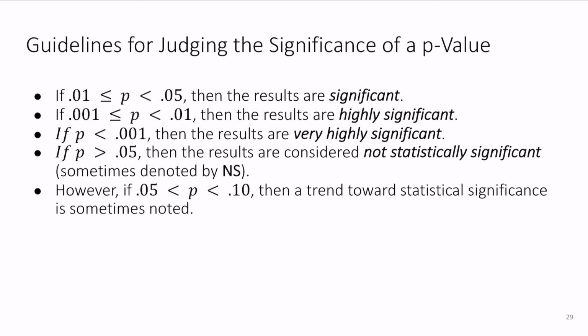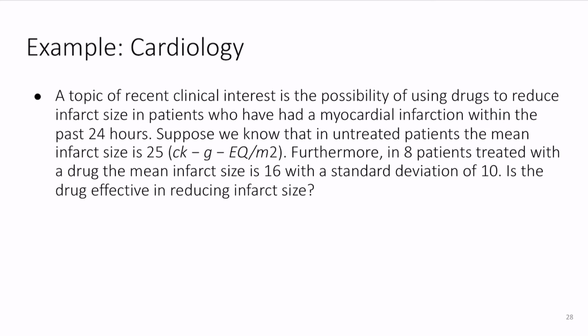These are the guidelines that we use to judge the significance of the p-value that we have. There are some cases where we might use 0.05 to 0.10 as statistically significant, but it's not always noted. There is only some data to show that it's statistically significant sometimes. So we do not use this very often.